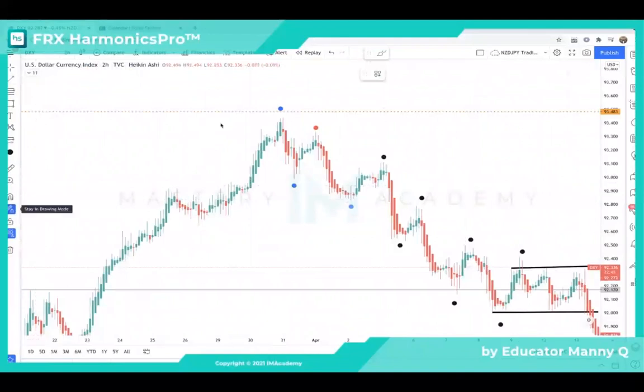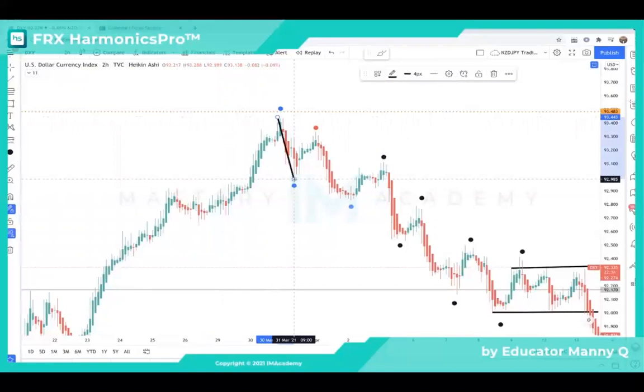Let's lock this up. Now remember, the price went from high to low, created a new low point. Now from low, the market went high and created a new high point.